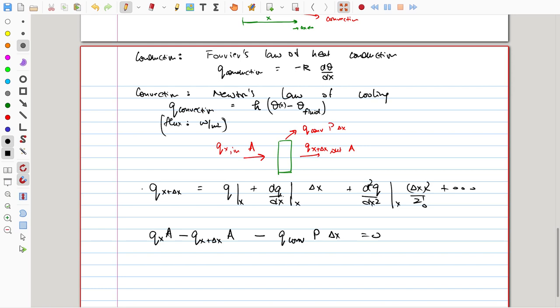So what I will do is substitute the Taylor expression that I have written for Q at x plus delta x in this equation, and also substitute the Q convection expression, and that will give us the model equation for this problem. I will skip those steps, you can do it yourself, and I will write the final equation that we have.